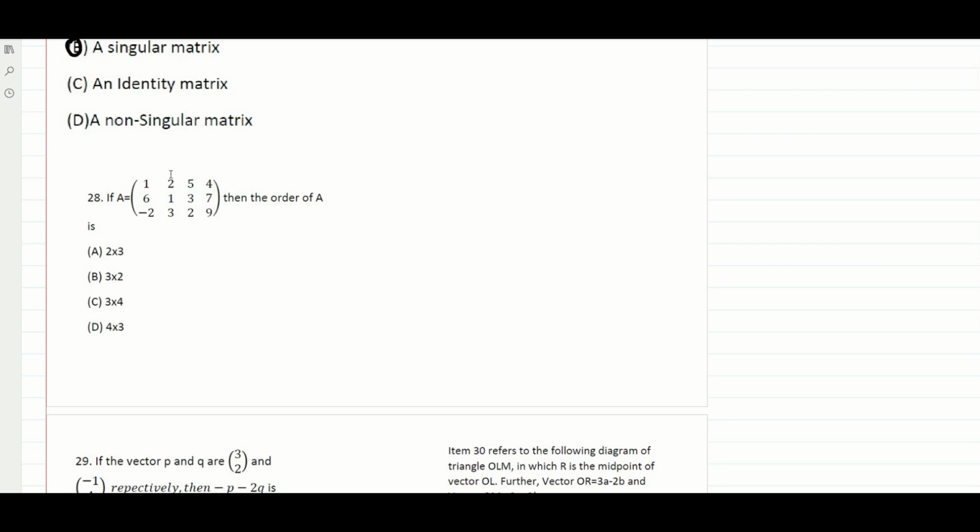What is the order of A? It is always row by column. The number of rows is 1, 2, 3. So it's 3 rows by 4 columns. So it will be C.